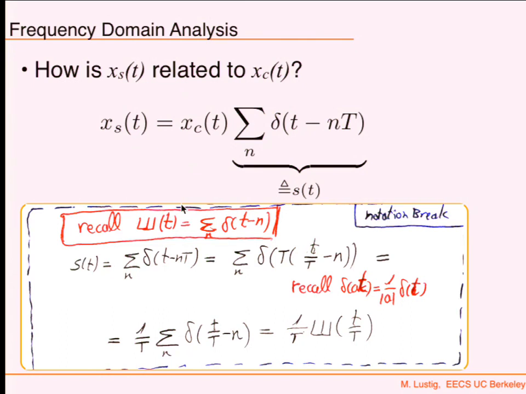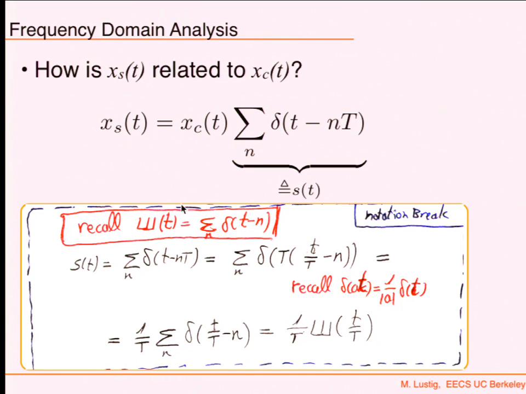They picked that letter because it looks like a comb function. It looks like an impulse train. You'll see this is a very common representation. This function is really the sum over n from minus infinity to infinity of delta of t minus n. Okay? That's another way of writing it.